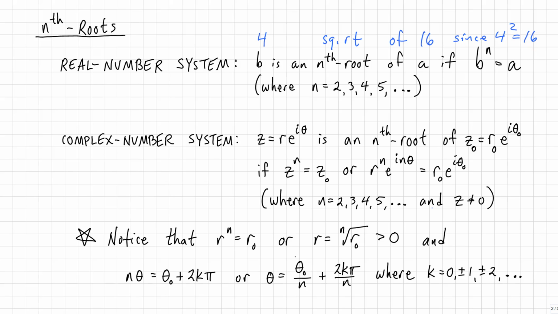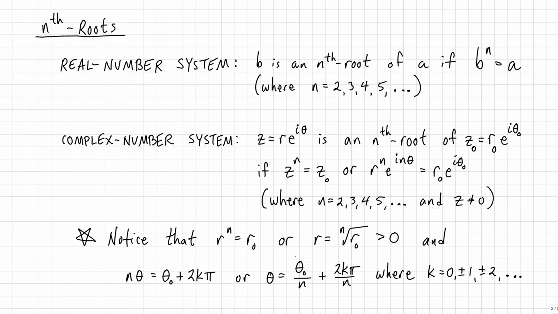So 4 is a square root of 16 because 4 squared is 16. That was our working definition for an nth root in the real number system.